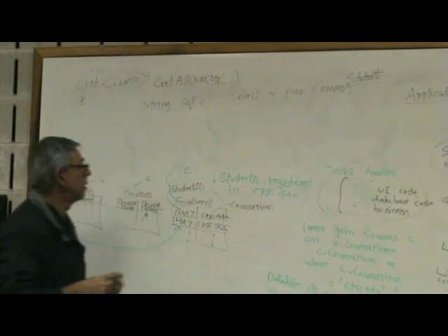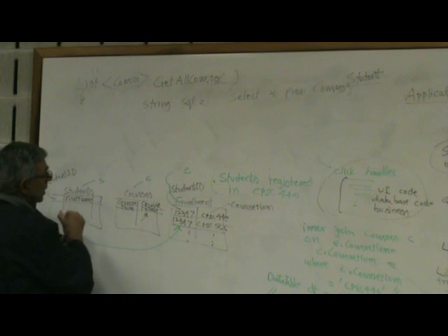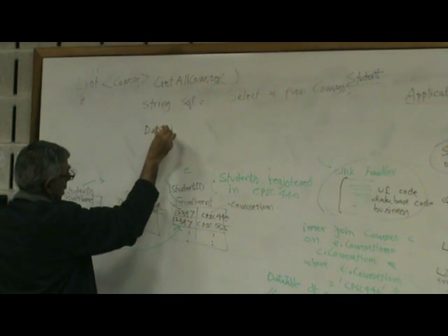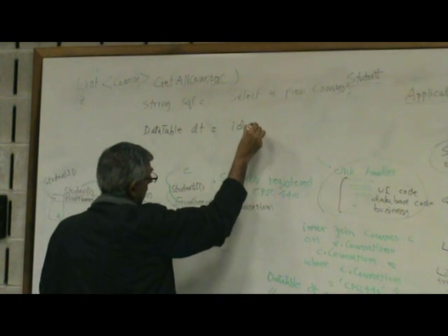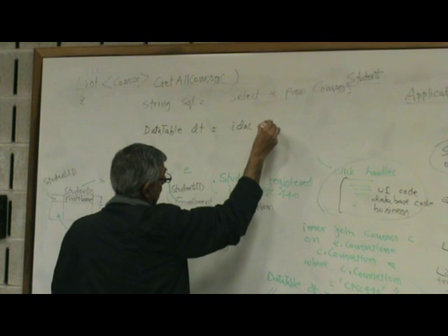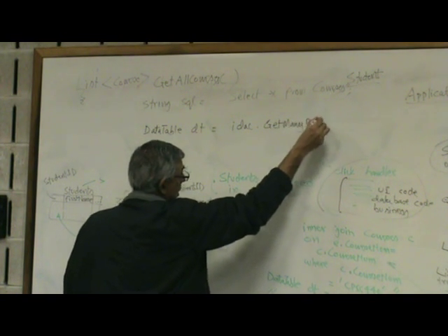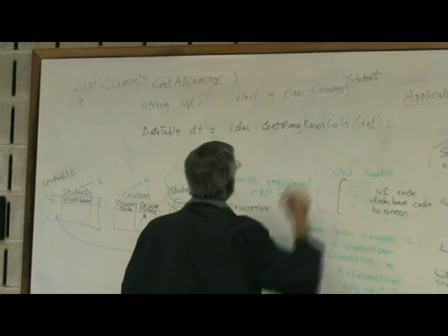Okay. So anyway, after we issue it to the database, we will obtain something like DataTable dt equal to idac.GetManyRowsColumns, correct? And SQL over here.